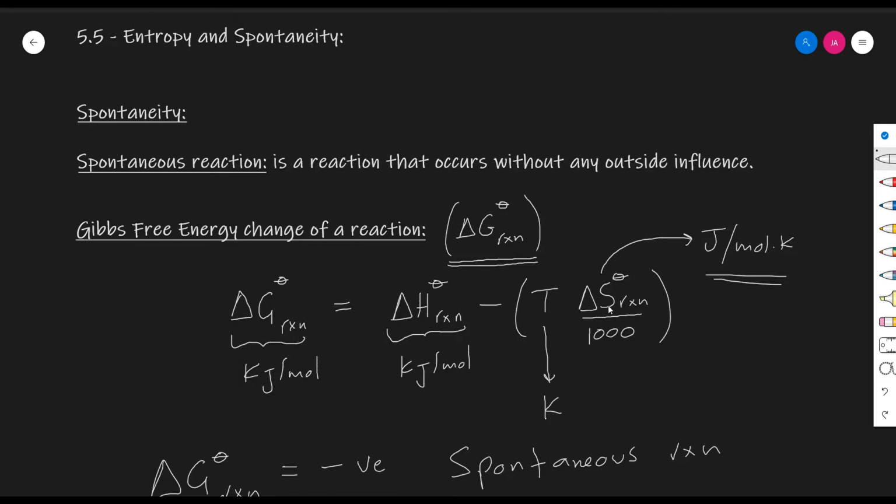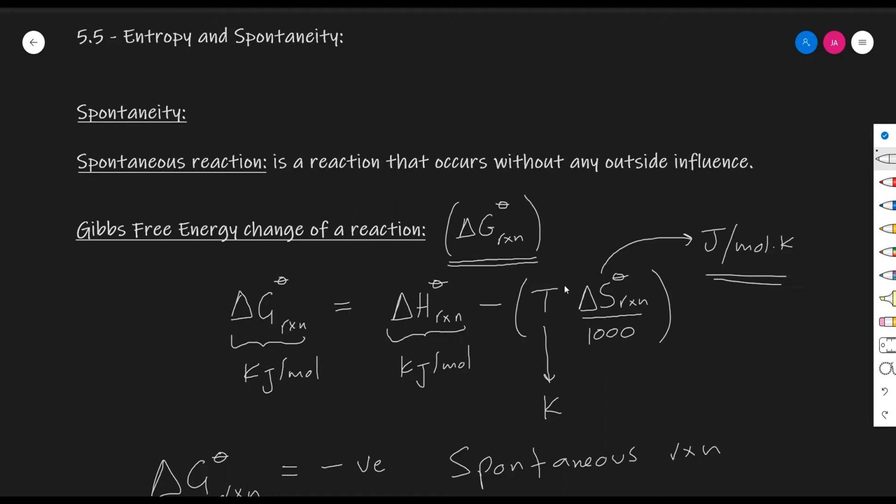Therefore, once you calculate the entropy change of a reaction, it should always be divided by 1000 when substituted into this Gibbs free energy change equation to correct the units of the entropy change of a reaction.